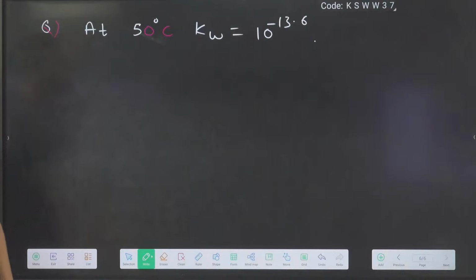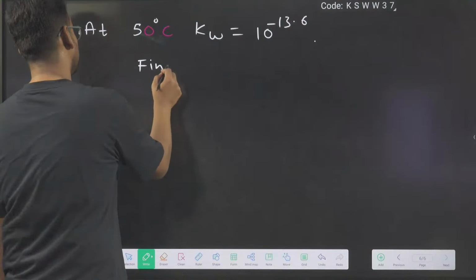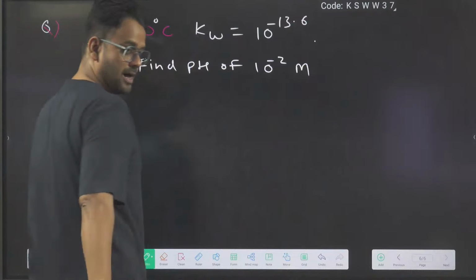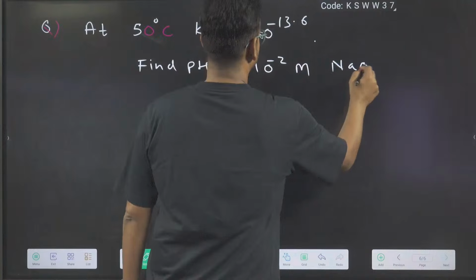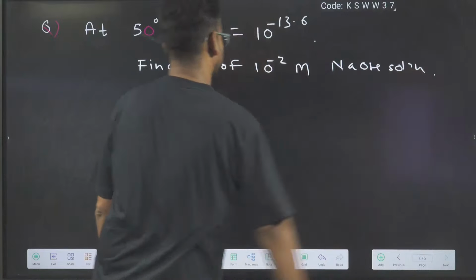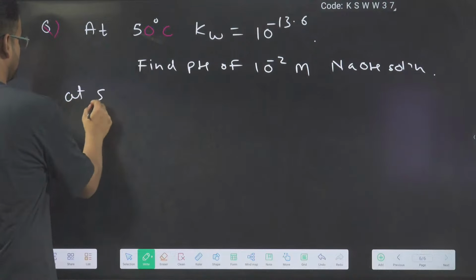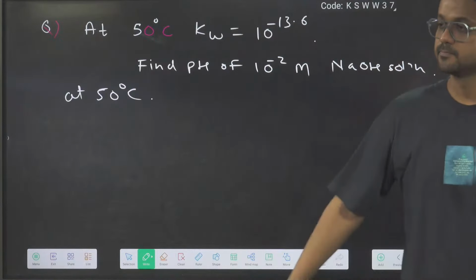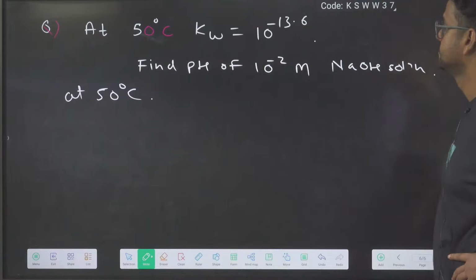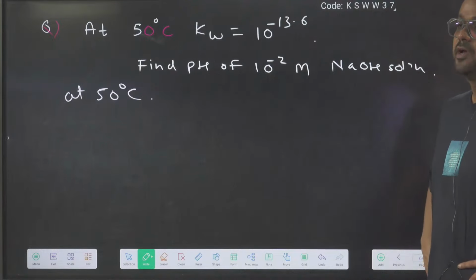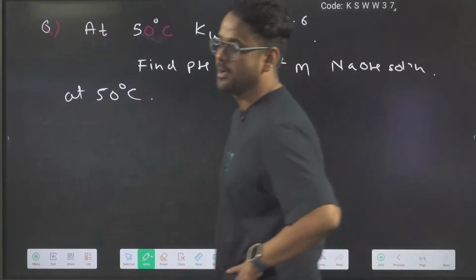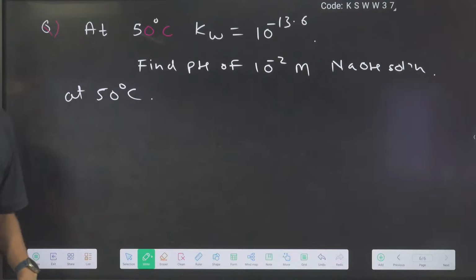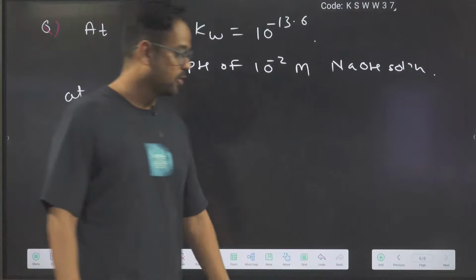Find the pH of 10 to the power minus 2 molar NaOH solution at 50 degrees centigrade. Who gives me the answer for this? At 50 degrees centigrade, Kw is 10 to the power minus 13.6. Find the pH of 10 to the power minus 2 molar NaOH solution.